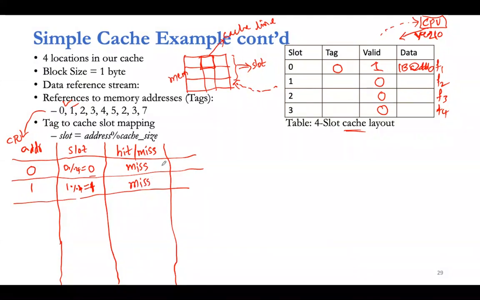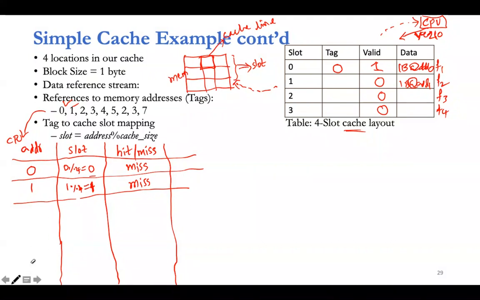So the request is forwarded to your main memory, and the cache line is retrieved from address 1, which is 1 byte. Once it is fetched and loaded into your cache line, the valid bit will be updated.